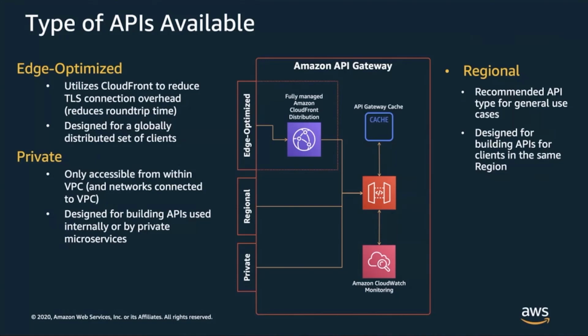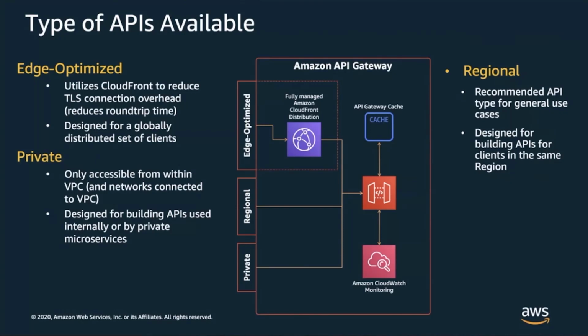So the CDN POP is going to handle things like TLS. That's going to speed up the time that it takes for that request to the API gateway to be made. And so this is really meant for things like web apps, for mobile apps, potentially things like IoT-based devices that might need to talk to an API. And again, it's going to help really with the speed of that API call.